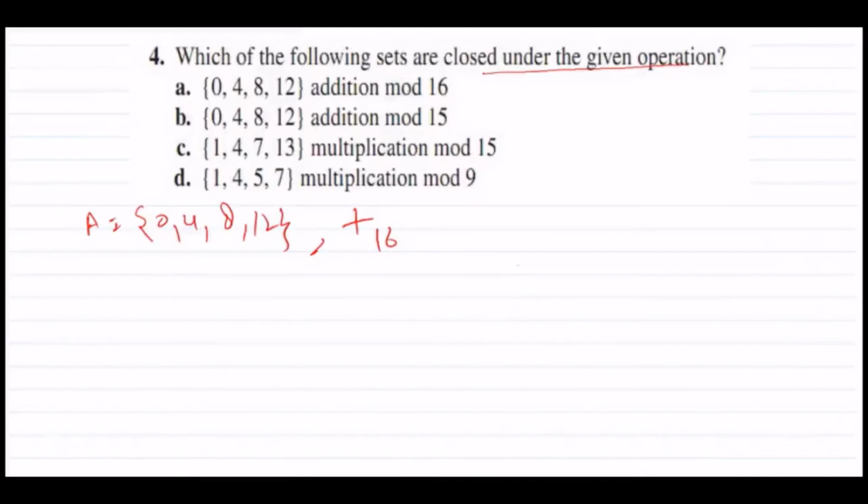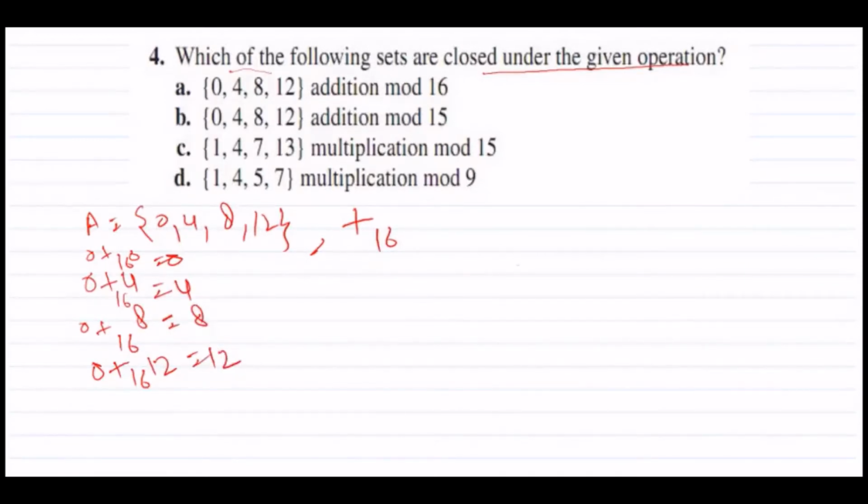So 0 plus 0, how many times we add, it will be 0 only, and 0 plus 4 is 4, 0 plus 8 is 8, 0 plus 12 is 12. So all belong to this set A.